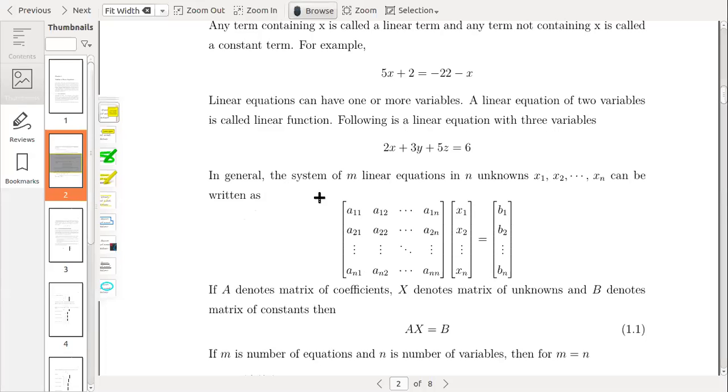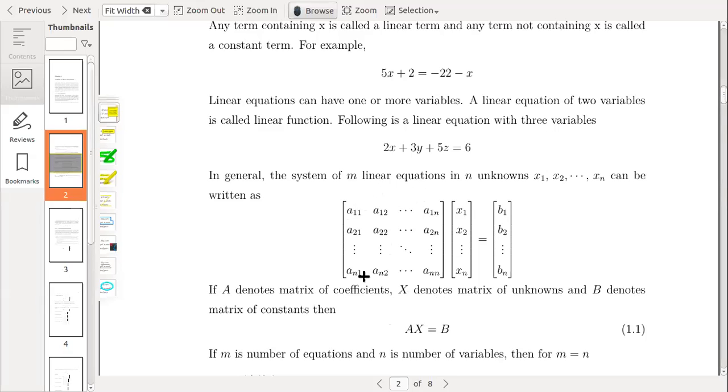In general, the system of m linear equations in n unknowns x1, x2, and so on up to xn can be written as, okay, for example, if we involve n unknowns, how can we write the system of linear equations? All the coefficients we can put in a single matrix.